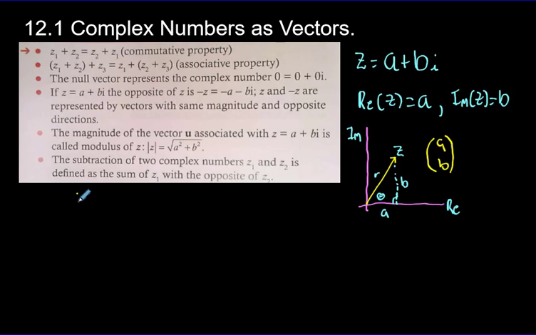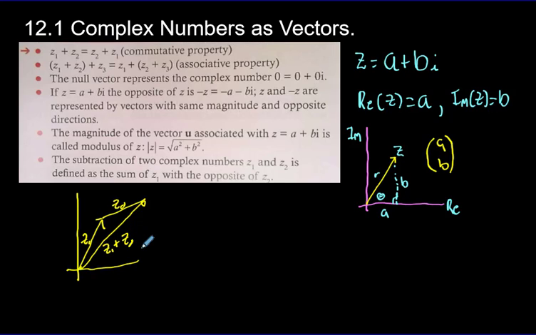If you take some vector and we call it z1, and then we add some other vector z2, we know that this will be another complex number, z1 plus z2.